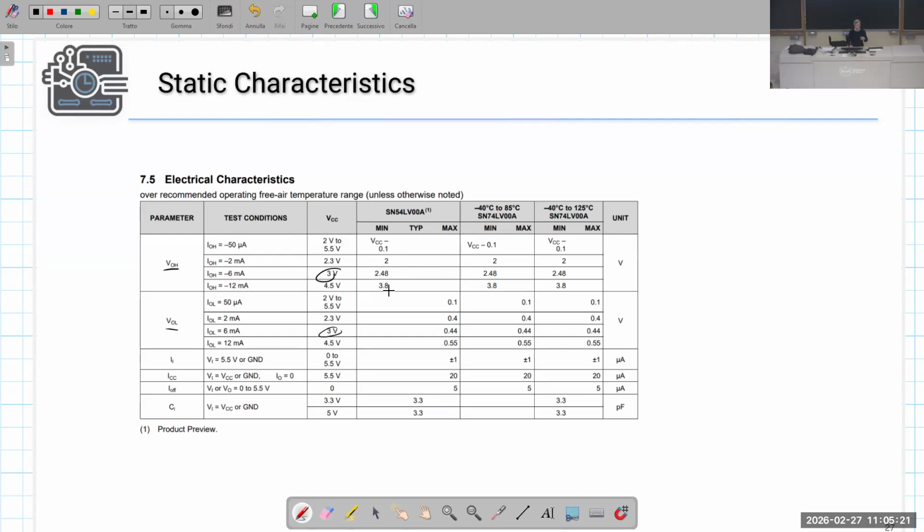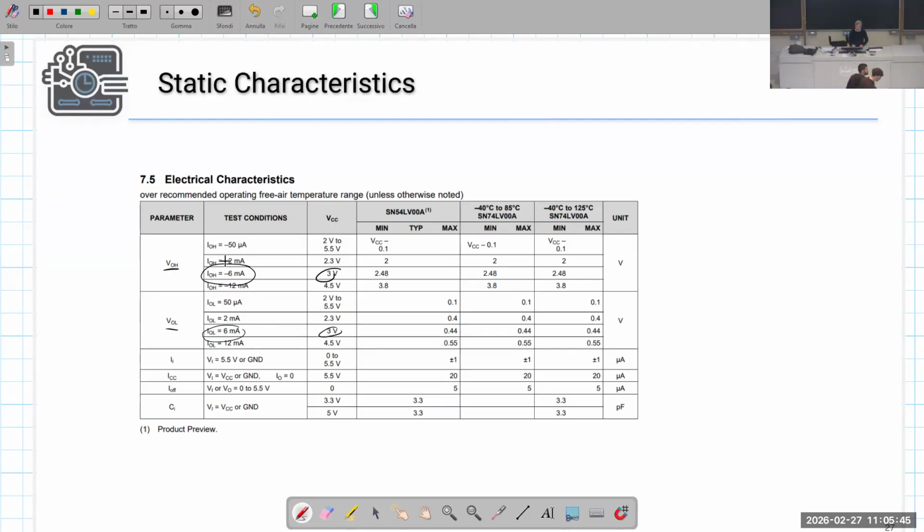If we want to consider even the case in which we have a current drawn by the gate, we assume that the output current is less than -6 milliamp at the high level and less than +6 milliamp at the low level.